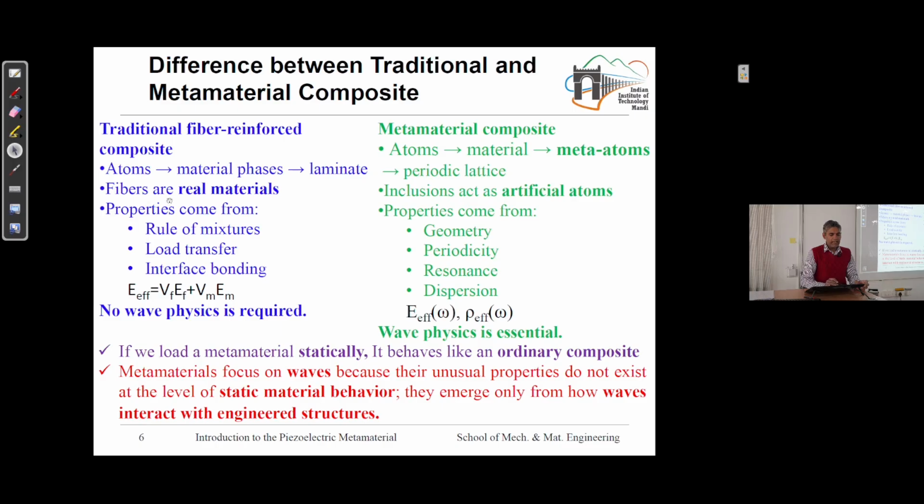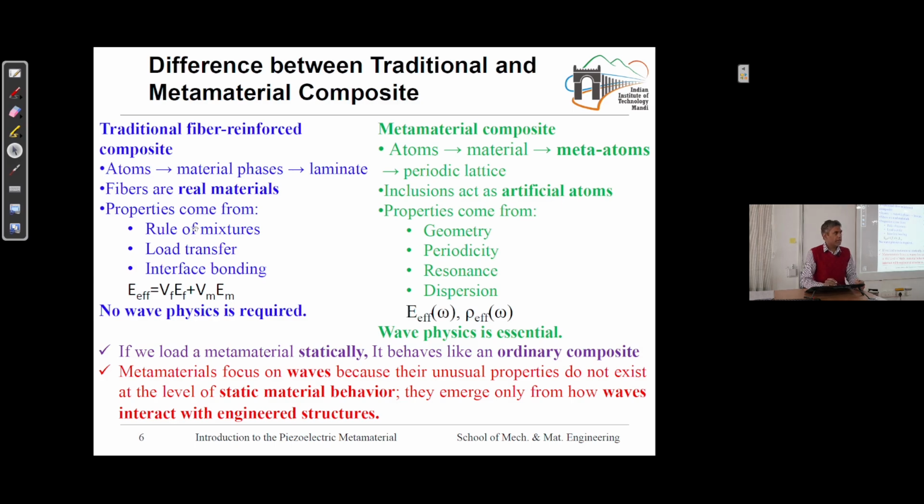So fibers are real materials. In a metamaterial composite, again we have atoms, and then we make a material with a special shape, the meta-atoms, and these meta-atoms are arranged in a periodic fashion. Fibers are real materials in a traditional composite, but in a metamaterial composite these meta-atoms are artificial atoms, because we design them according to our requirement.